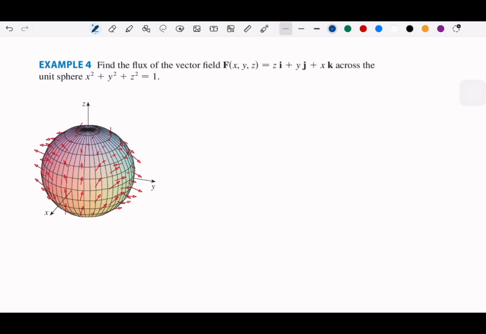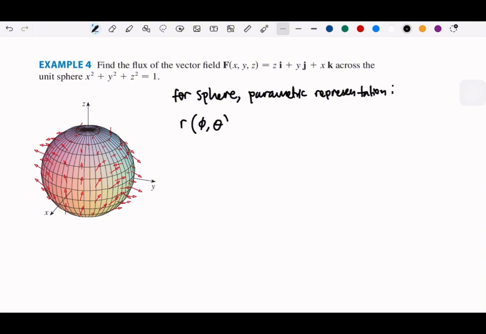Here we have the sphere, and because we are going to have many examples and problems related to spheres, let's make sure we understand how to make the parametric representation of a sphere. We use two variables, phi and theta, so r is sine phi cosine theta i plus sine phi sine theta j plus cosine phi k.